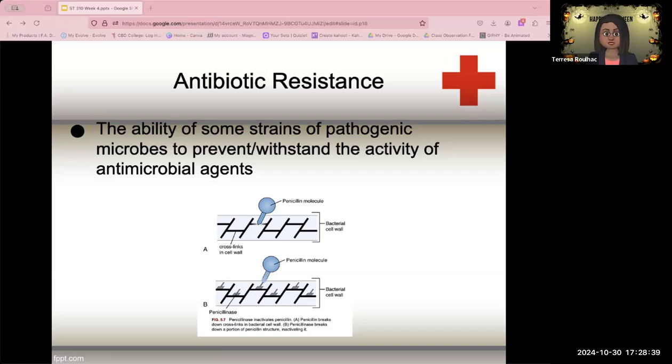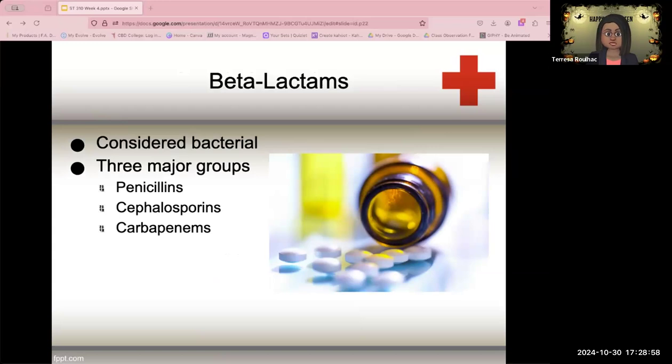And we're all educating our patients and each other about the importance of responsible antibiotic use so that we can combat the rise of resistant organisms.